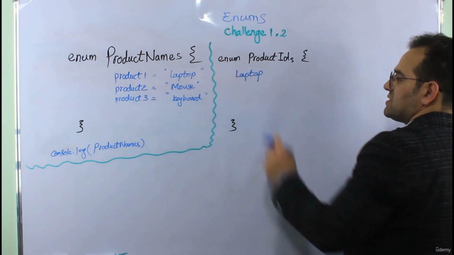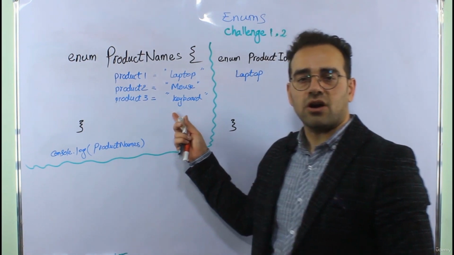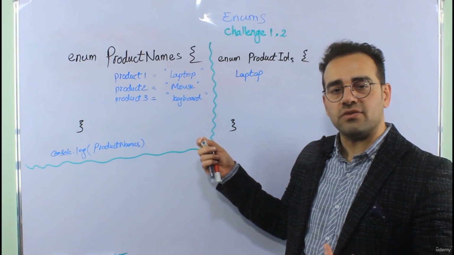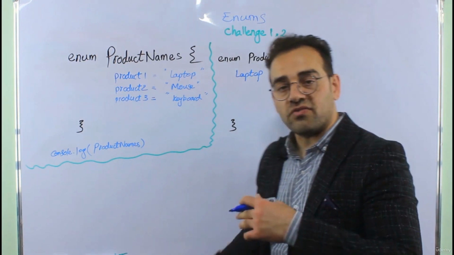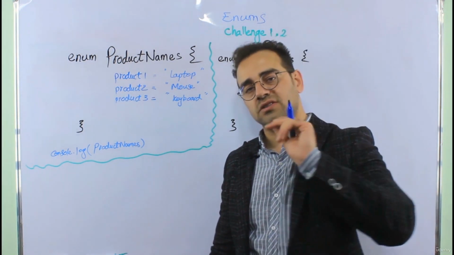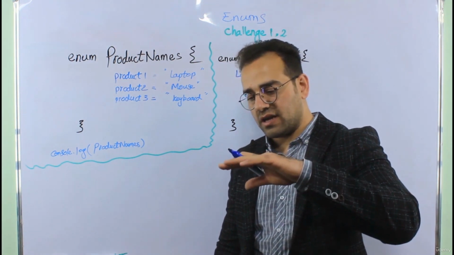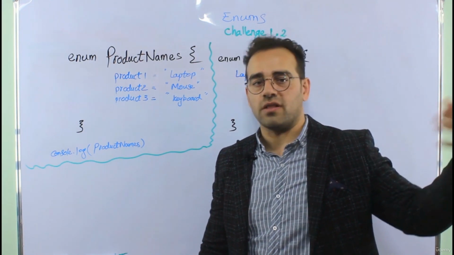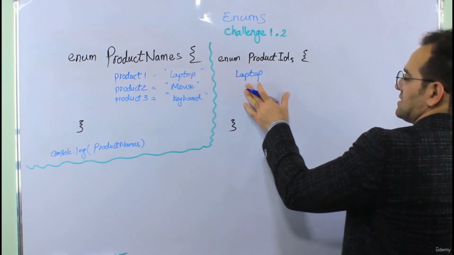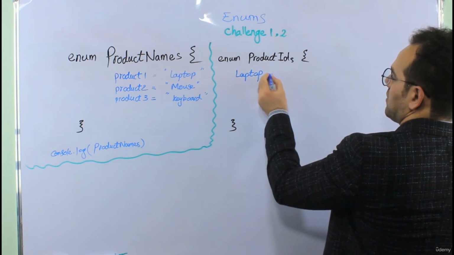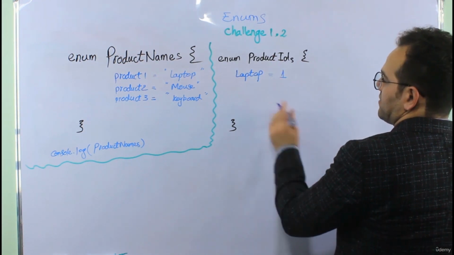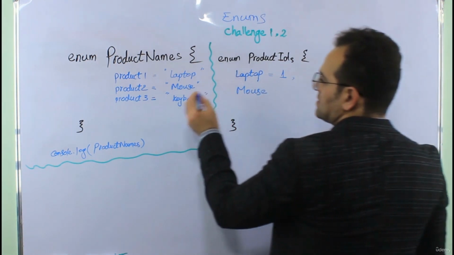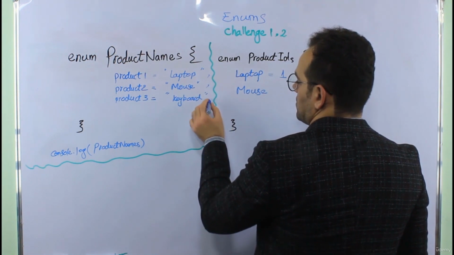Now, whenever you take a look at this enum in the console, you're going to see that enums actually start from 0 if you don't provide them with any value. But if you provide them with 1 or 2, then they're going to start from that number, and then they're going to be incremented by 1 for the next one, and it's going to go on like that. Since I don't want this laptop to have an ID of 0, I am going to say I want it to start with an ID of 1. For mouse, I'm not going to specify anything, and I did forget the commas right here as well.